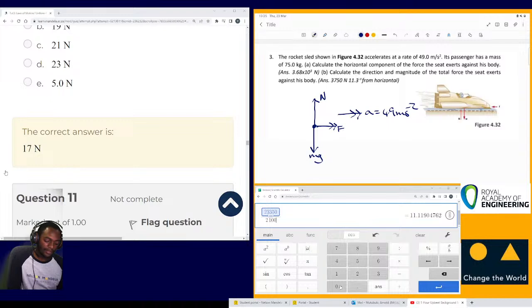Yes, we're looking at the horizontal system. And as he is seated, there is no mention of frictional force between the seat and the person. So we're not told of any opposing force. So basically we're going to use F equals MA, and our F, we know our mass, it's 75 times our acceleration, which is 4.9.